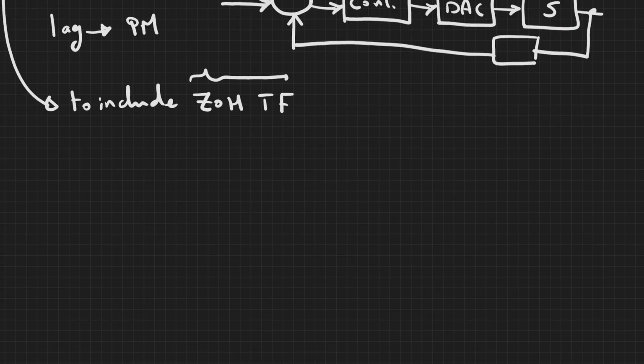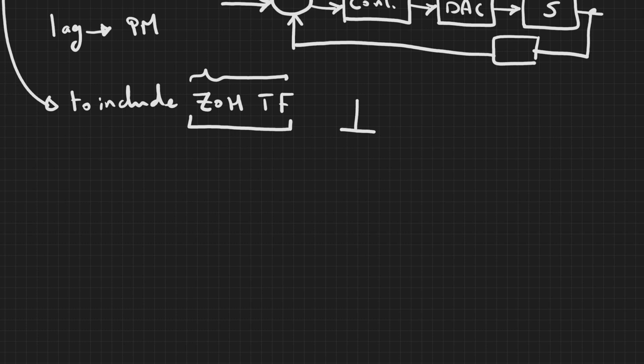That means we want to find the transfer function of the zero order hold in the S domain, a continuous time version of the zero order hold. To obtain it, we know that the transfer function is the Laplace transform of the impulse response.